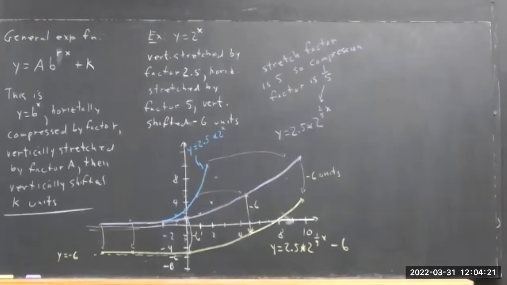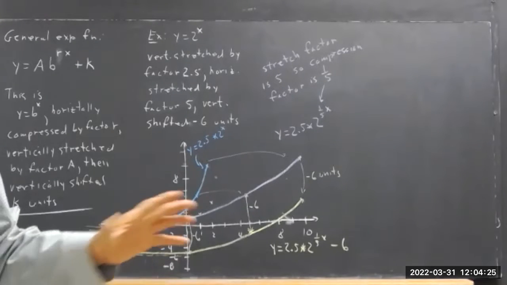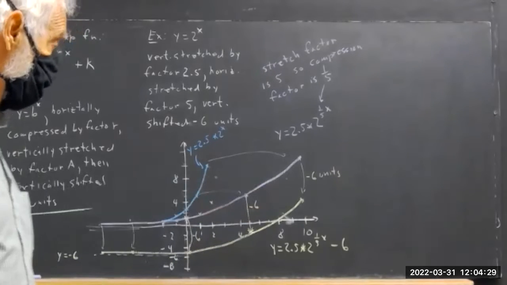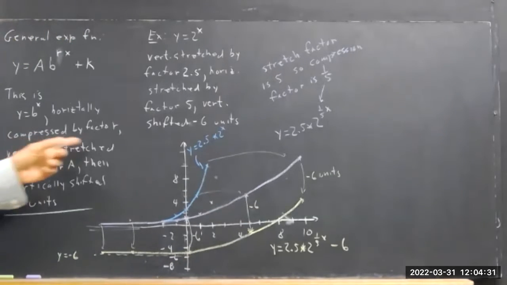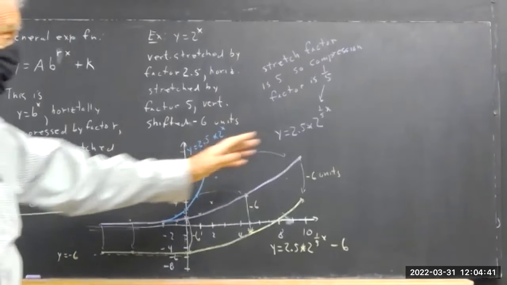Okay, makes sense? Hopefully it does, because that's your picture of transformations. And they're pretty important for exponential functions. Now, we haven't talked about horizontal compression, but you've seen it in your homework. Okay? And it works just like I said it works.